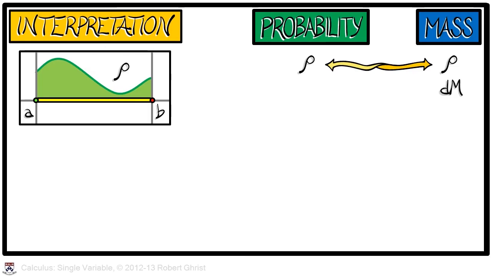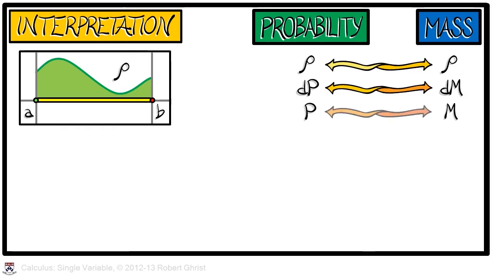Indeed, the mass element, rho of x dx, is precisely what we use as the probability element. In that case, what is the mass? Well, it's the integral of the mass element. That corresponds to the probability, p.